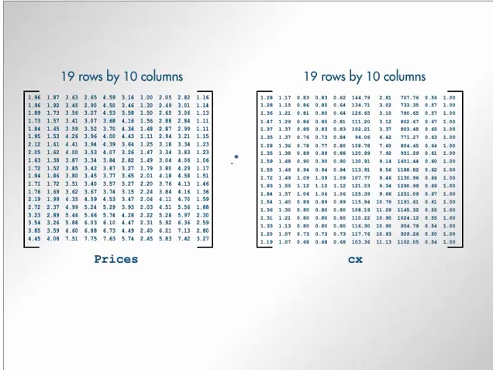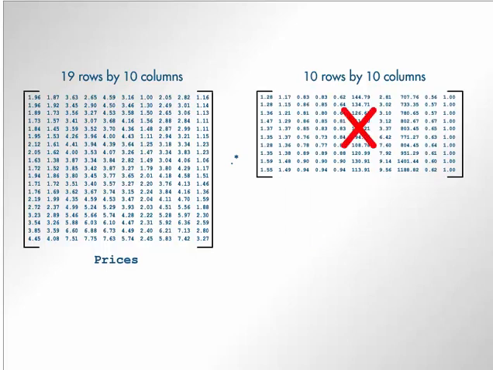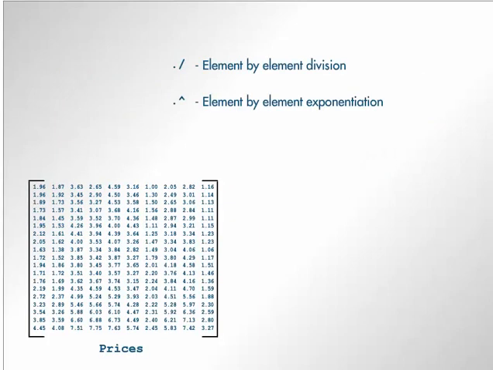Note that to use element-wise multiplication, two matrices must have the same dimension. If the matrices are not the same dimensions, then MATLAB will throw an error. There are other element-wise operators besides dot star, such as element-wise division and element-wise exponentiation.